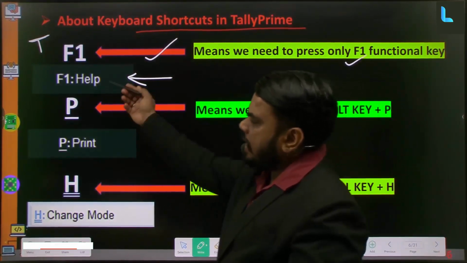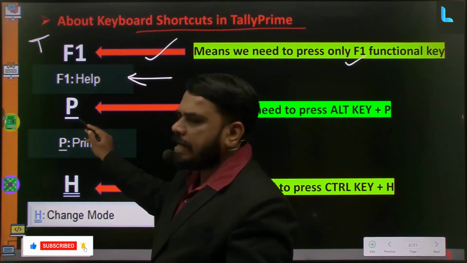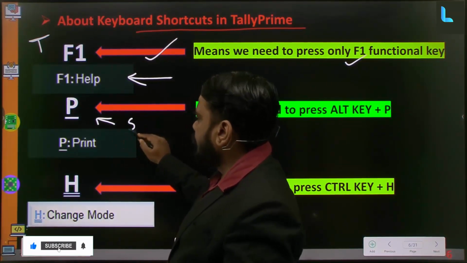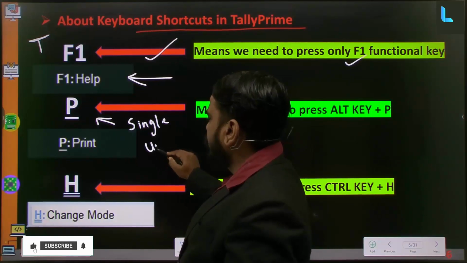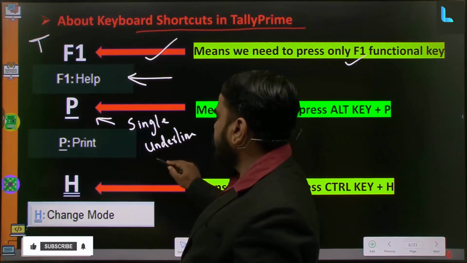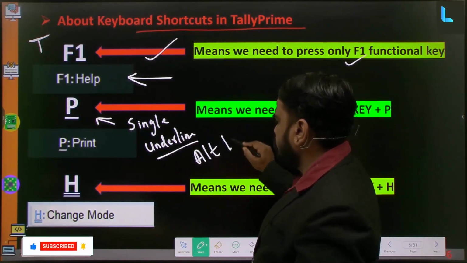If you find another notation type, a key underlined by a single line, this is a single underline. In Tally or Tally Prime, a single underline means you are supposed to press the Alt key.